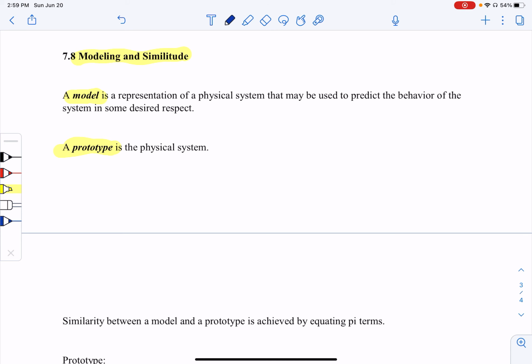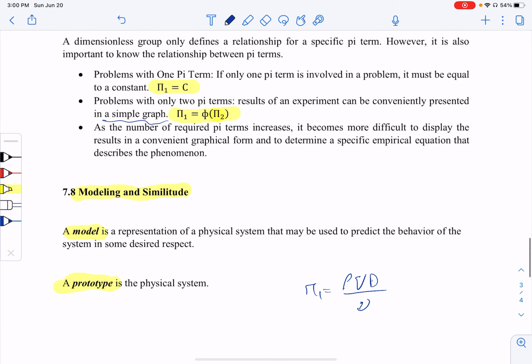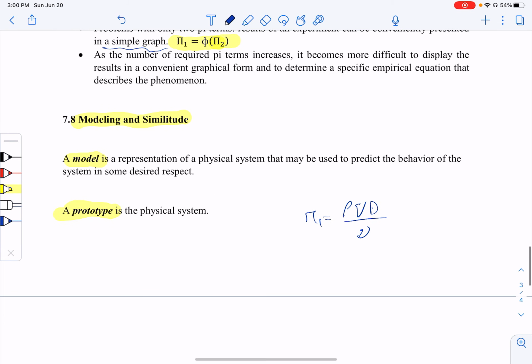So let's write down, for example, I found pi 1 equal to the Reynolds number, rho v d over mu. And then let's say I have the values for the large turbine, which is our prototype, and for our small turbine.